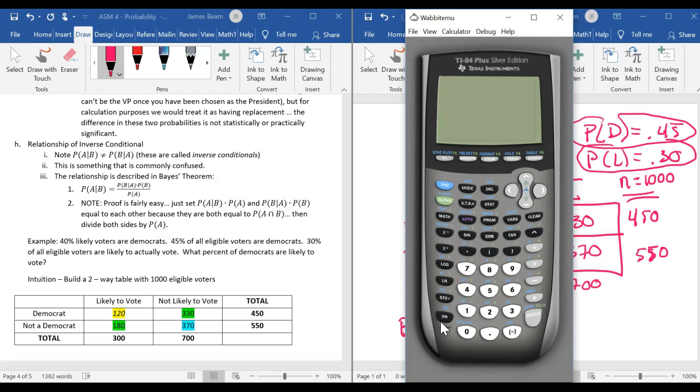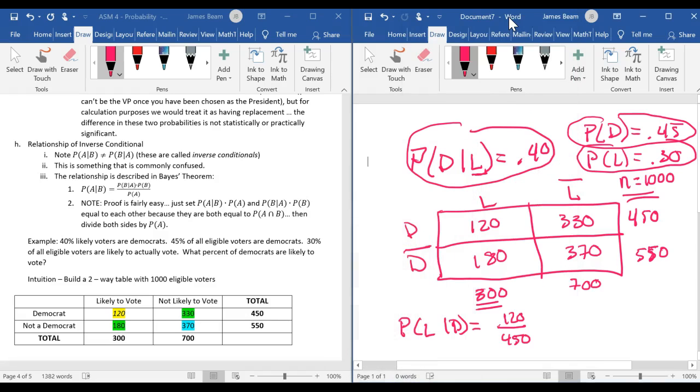That's 120 divided by 450, which gives me 26 2/3%, right? So this is 0.2667.